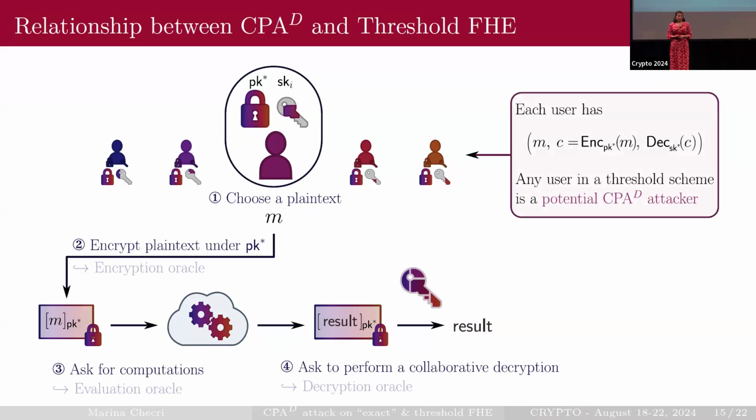Because a user has access to ciphertexts and their decryptions, the user has access to a decryption oracle, well, to a CPAD decryption oracle. So any decrypting party in a threshold FHE setup is in the position of a CPAD attacker and may therefore recover the joint secret key.